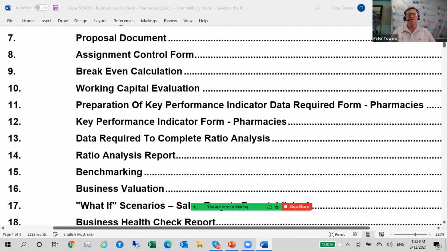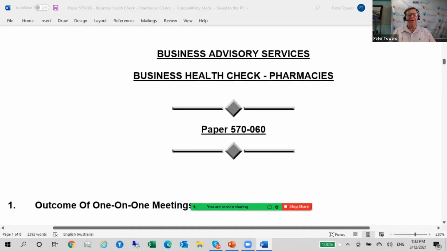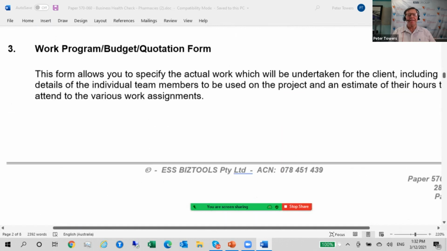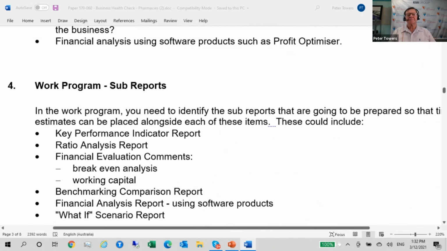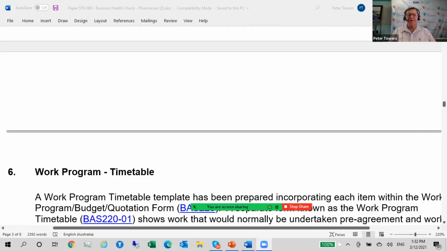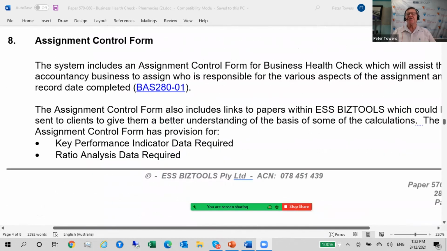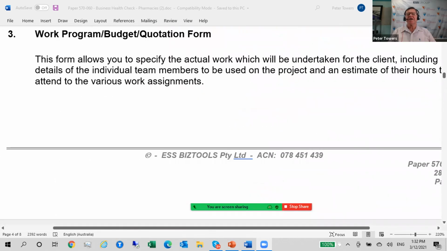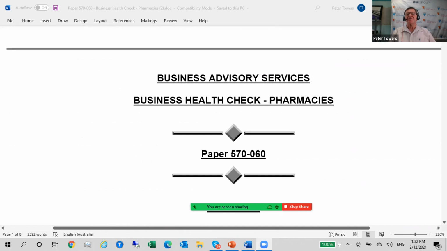This just gives you an idea of what's included in the paper, which is giving an overview of how this system works. There's not much in that paper because it's talking about the work program and the proposal document, but it will give you an idea of what's being covered to help the client have a better understanding of this process.